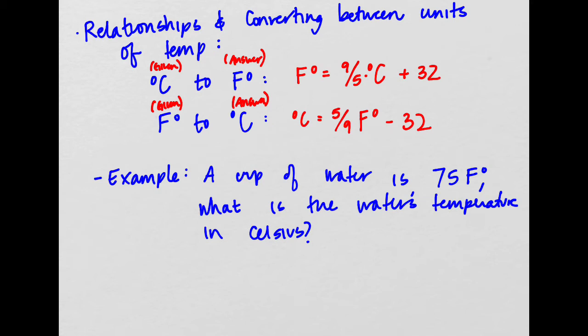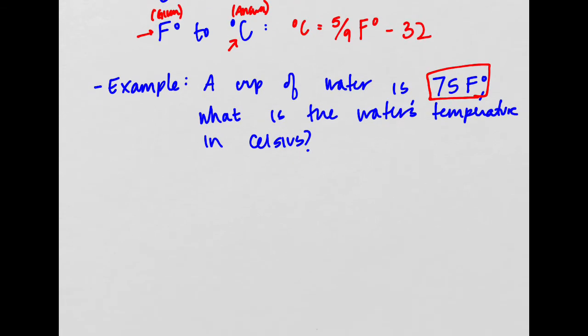Okay, so here's our example. A cup of water is 75 degrees Fahrenheit. What is the water's temperature in Celsius? So we are given 75 degrees Fahrenheit. So we're given Fahrenheit, and we want our answer to be in Celsius. So we're going to use that first equation.